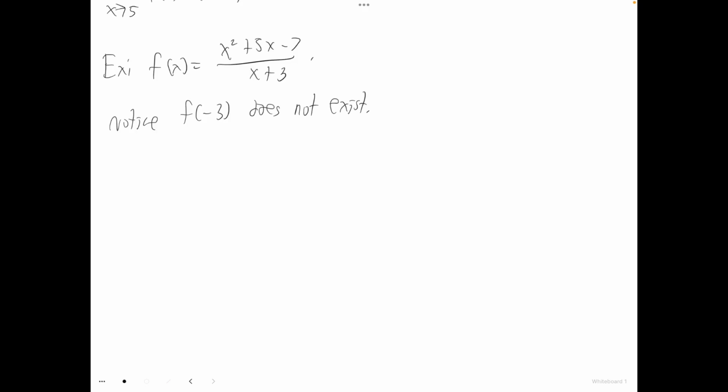We simply can't plug negative 3 into this function because we would be dividing by 0. And so this function f of x is discontinuous at x equals negative 3.